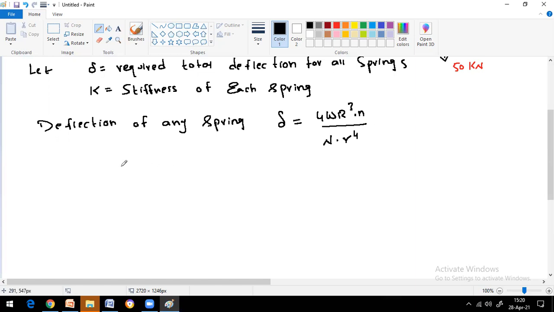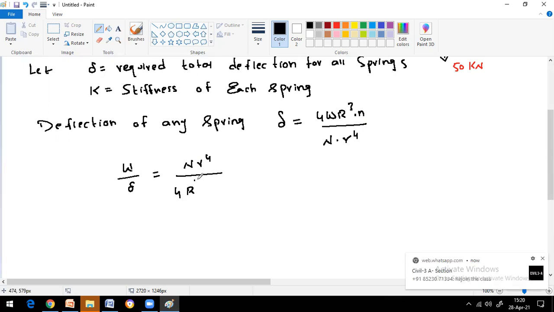Now from this, W by delta is equal to N r power 4 by 4 R cube into small n, where the stiffness of the first spring will be equal to the stiffness of the second spring, equal to the third spring, equal to the fourth spring. Why?